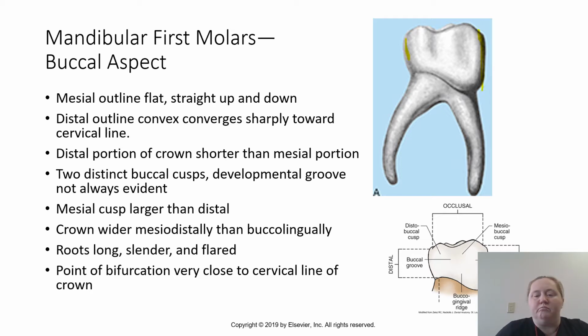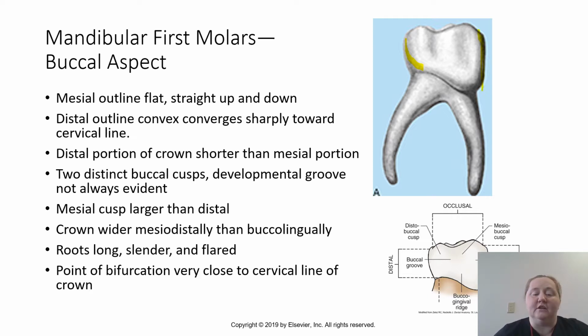So you can see it goes out and then right in, okay? The distal portion of the crown is shorter than the mesial portion of the crown, and you can see that pretty obviously there. 2 distinct buccal cusps and a developmental groove that isn't always evident, so you may or may not see it. A lot of times you just see it as flat there, no groove, okay?